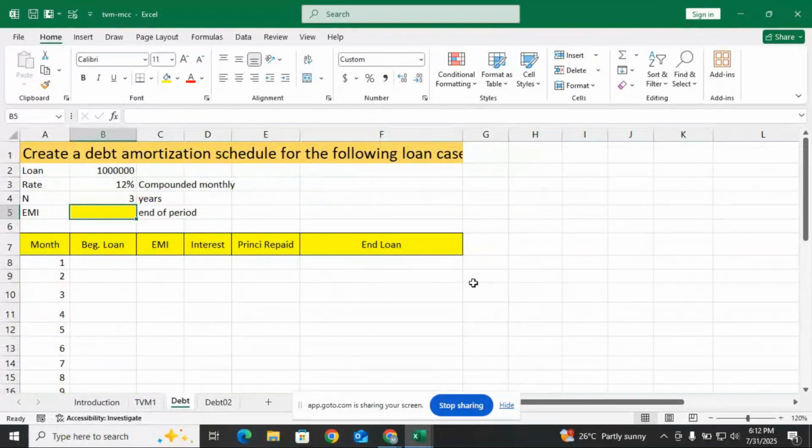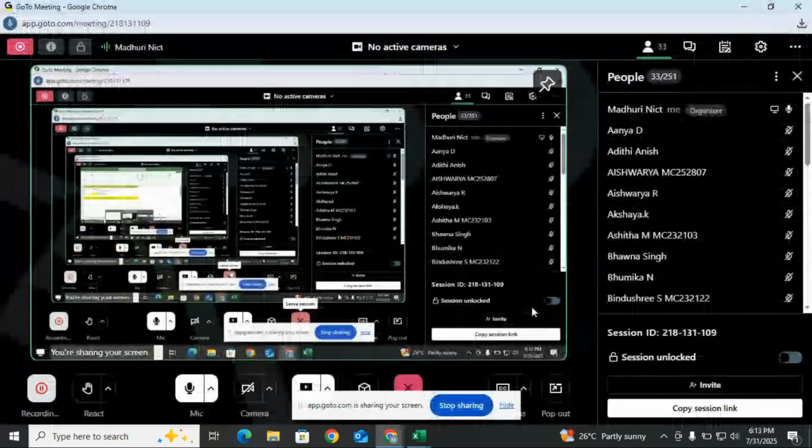You can just open that sheet and be ready. All of you are ready? Can I start?